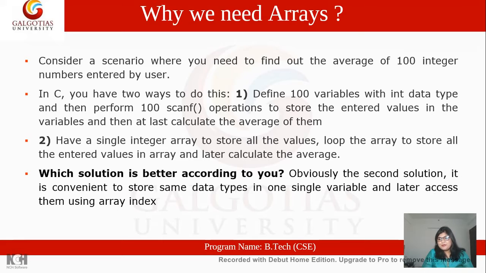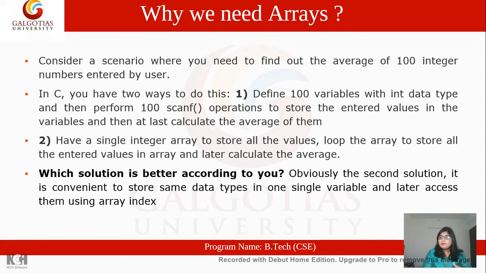Obviously the second solution. It is convenient to store same data types in one single variable and later access them using array index. But if you choose the first option, then you have to write 100 variables, then you have to perform 100 scanf operations, and then afterwards you will put your logic of average value.